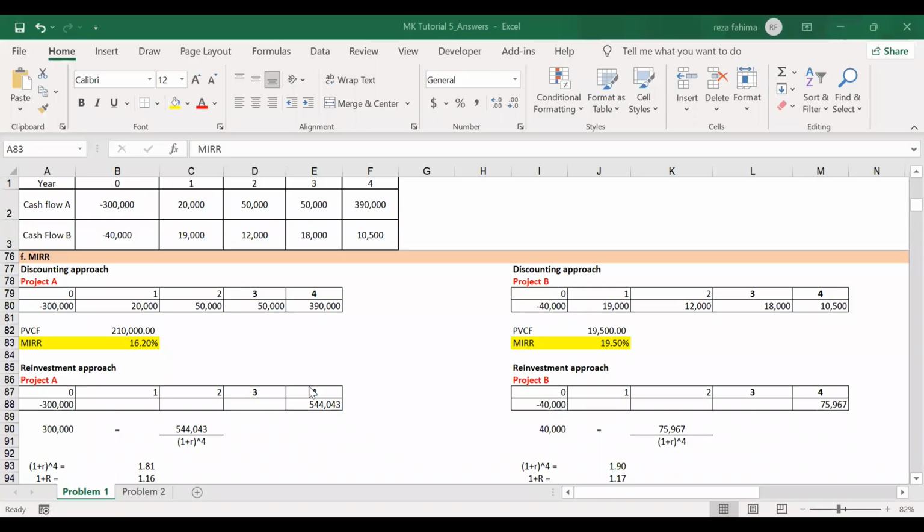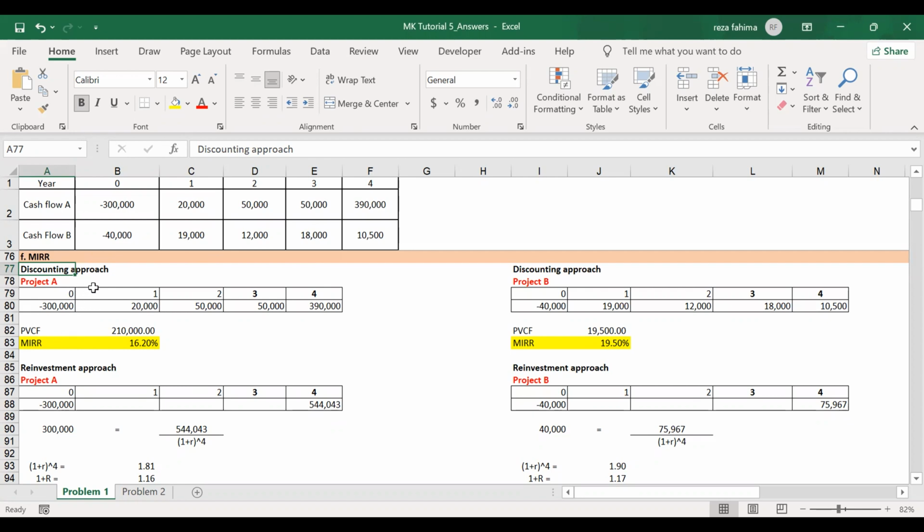The next method is MIRR. So MIRR is basically the same concept as the IRR, but we have to modify the cash flows first using 3 different approaches. The first approach is the discounting approach. It means that we have to discount all the negative cash flows from year 1 until year 4 into the present year or year 0.